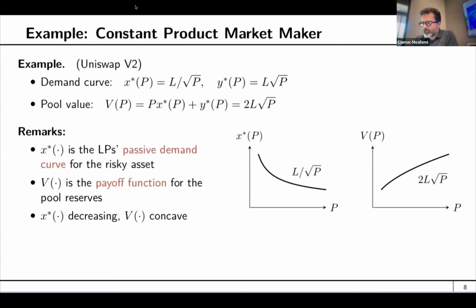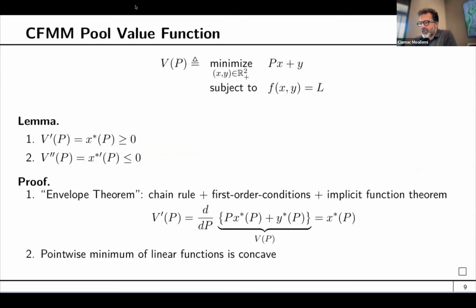So going back to what we had on the prior slide, it's always true that the demand curve is downward sloping. That's what you would expect. After all, it's a demand curve. Similarly, it's always true that the pool value function is concave. And in fact, those are the same fact because the second derivative of the pool value function is the first derivative of the liquidity curve.